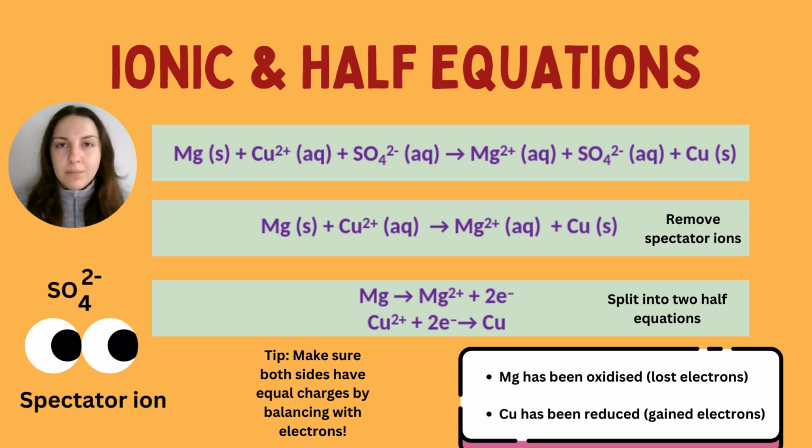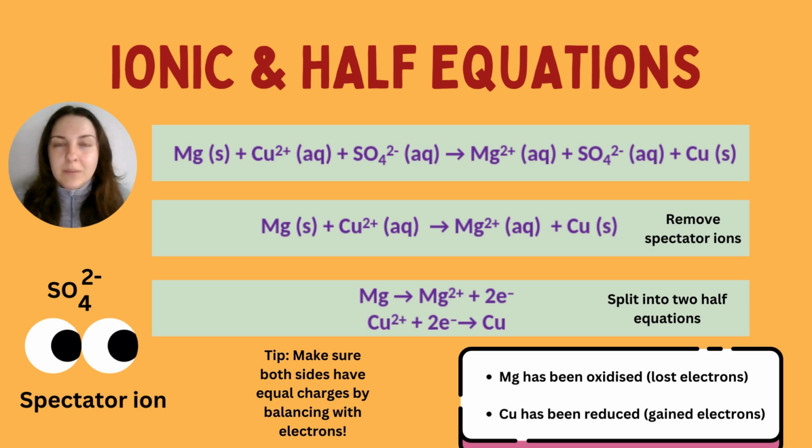So when we have to simplify and create half equations in the exam, you want to remove those spectator ions first of all, because they don't actually change at all in the equation. So remove those and they essentially cancel out, just like you would in maths. If you have one thing on one side and one thing on the other, you can cancel those out. So we're left with magnesium plus copper 2+ goes to make magnesium 2+ and copper.